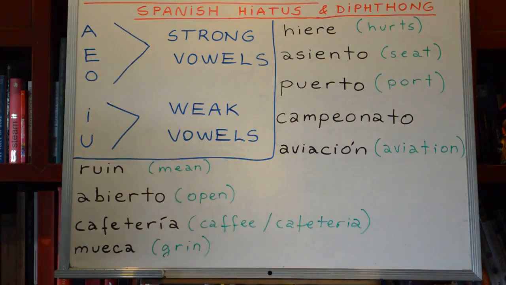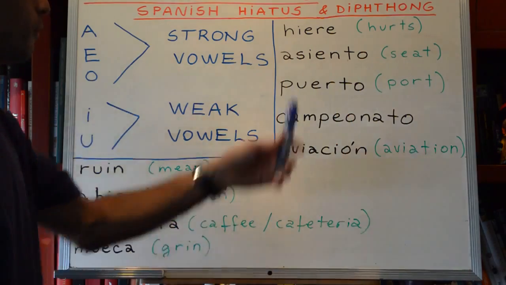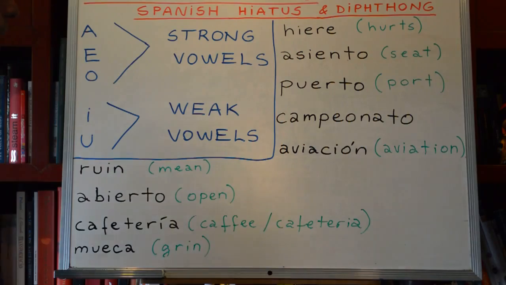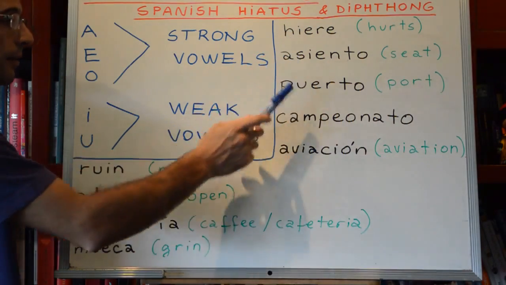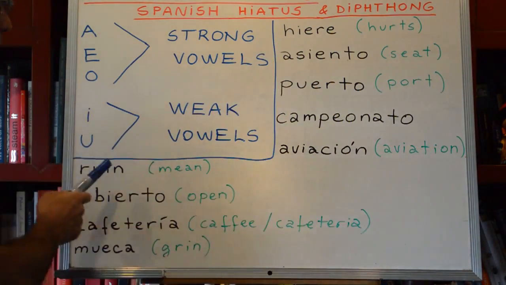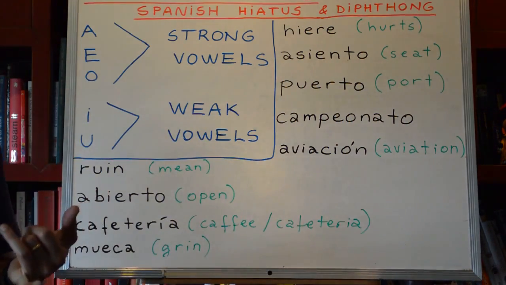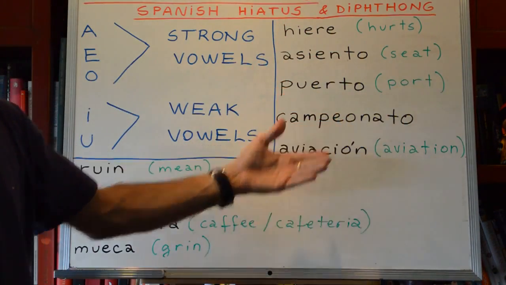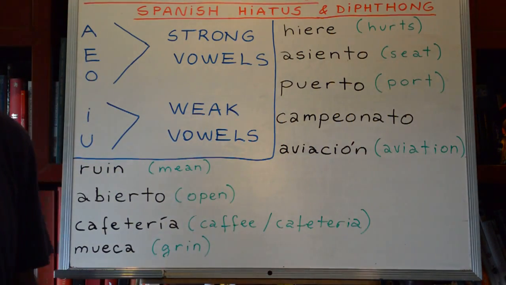So today, I will show you a few more examples, and we'll also learn a few more words, so a little bit more vocabulary, okay? En la clase de hoy vamos a practicar un poco más con hiatos y diptongos para determinar cuál corresponde en cada una de estas palabras. Vamos a saber si estas palabras son hiato o diptongo. So we'll practice and we'll see if in each of these words we have a hiatus or a diphthong.